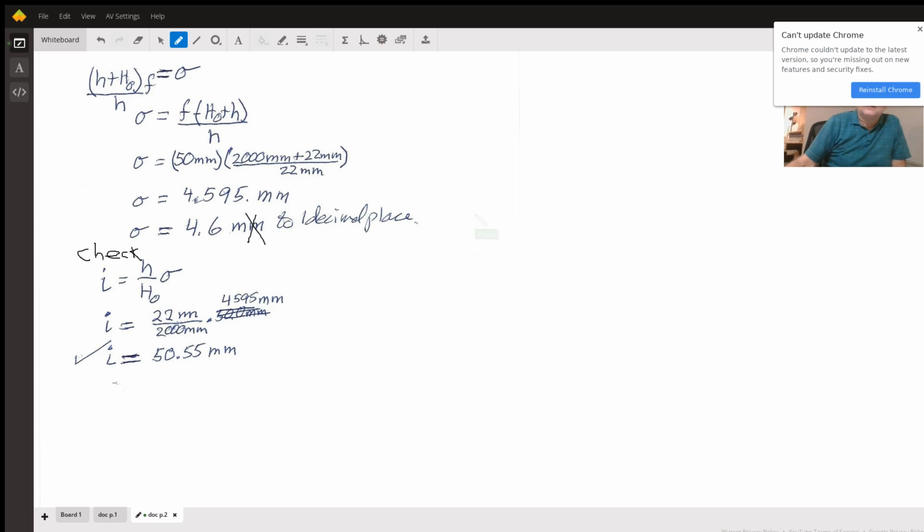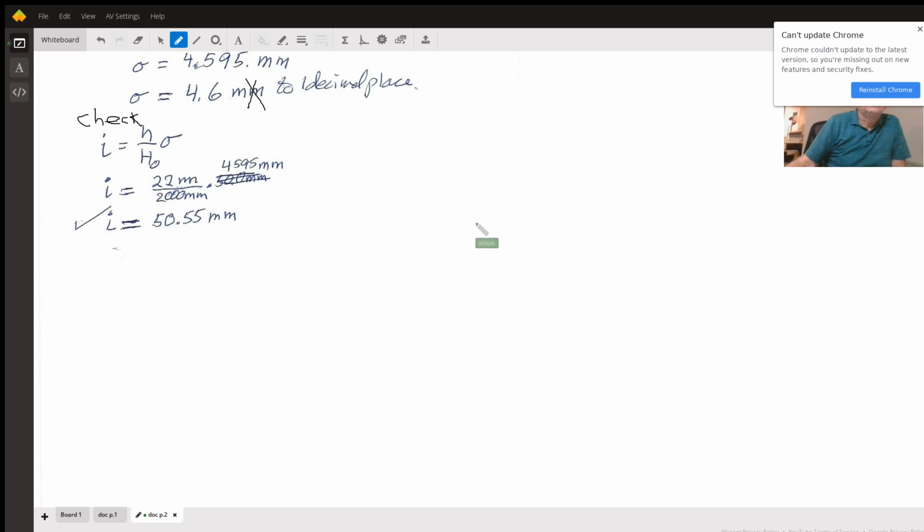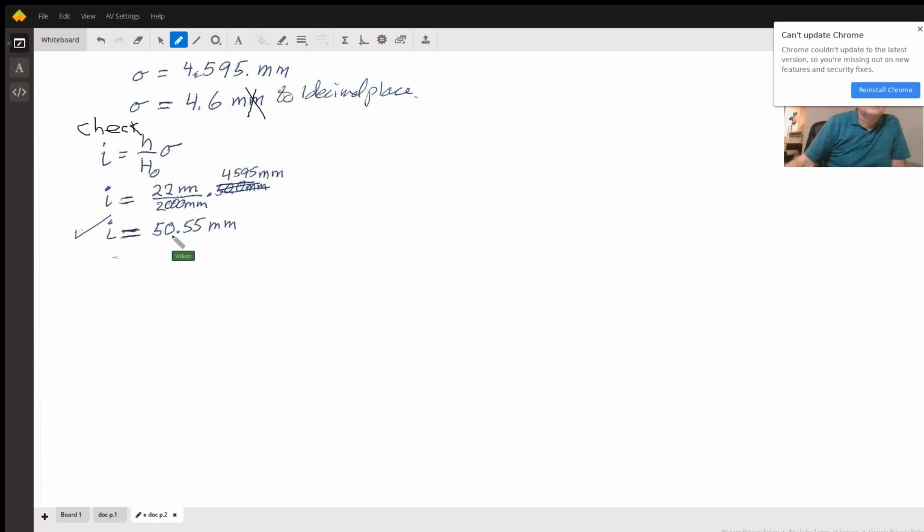And we calculate for I, and I turns out to be, if we put it in millimeters, 50.55 millimeters. Note that 50 millimeters is the focal length of the lens.